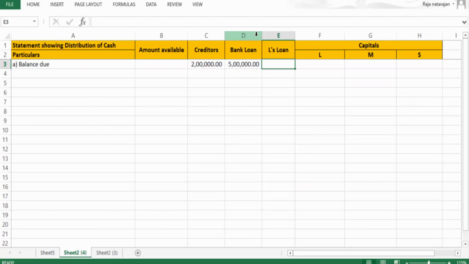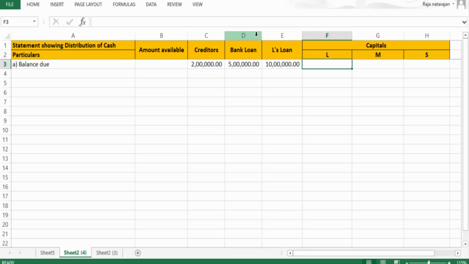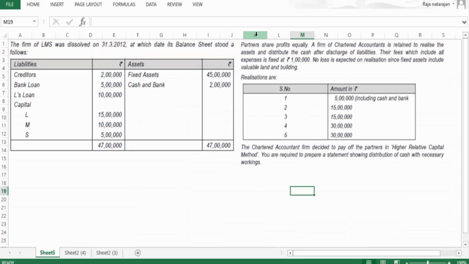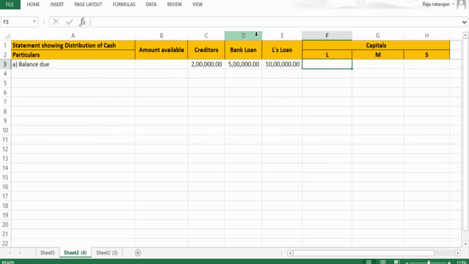What is the L's loan? It's 10 lakhs. And what about their capitals? It is 15 lakhs, 10 lakhs and 5 lakhs. Fine.